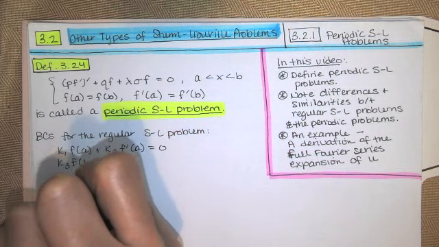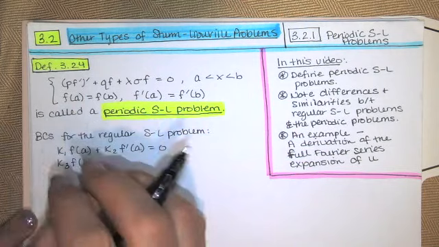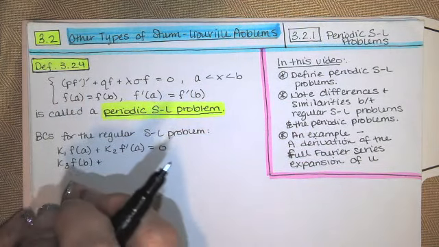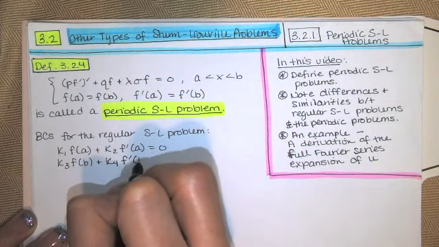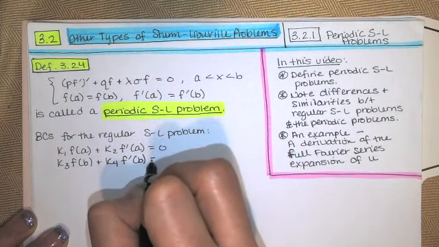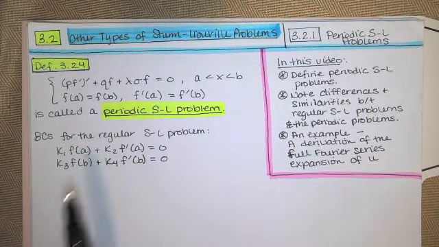Remember that we require kappa 1 and kappa 2 to not be both equal to 0. They can't be 0 at the same time. And then kappa 3 and kappa 4 can't be 0 at the same time.